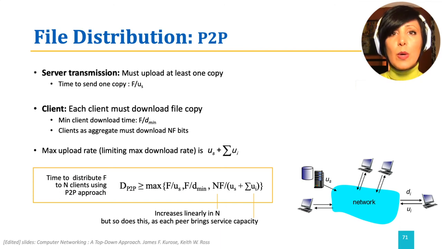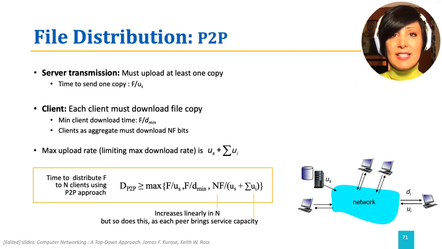So the lower bound for the delay will be the maximum of F divided by US, which is the server upload time of one copy, F divided by dmin, which is the download time of the client with the minimum download capacity, and NF divided by US plus the sum of UIs, which is the upload time of N files using aggregate client and server capacities.